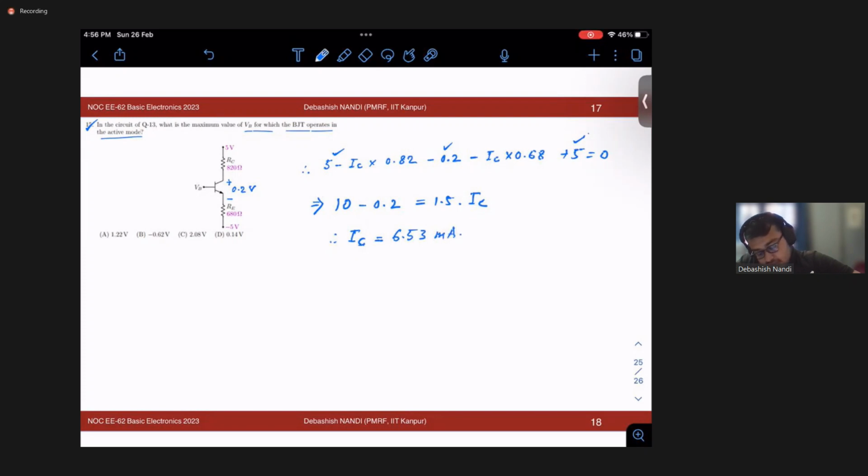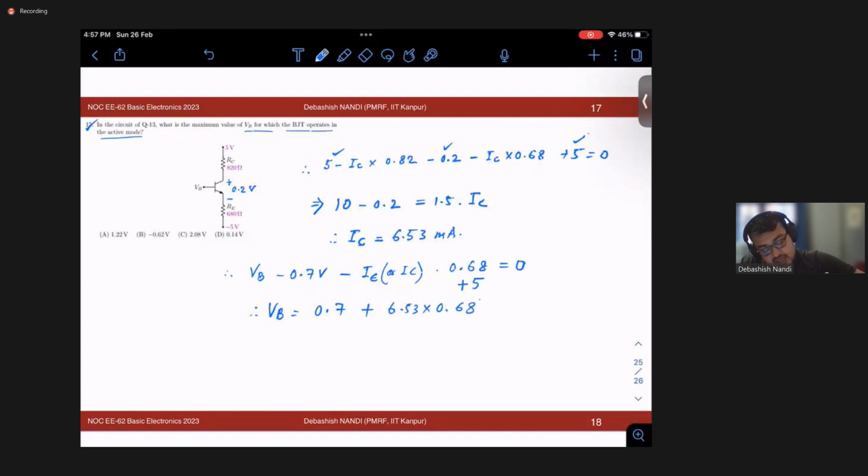Then what is the value of VB required? VB minus 0.7 volt minus IE, which is equal to IC here, so IC into 0.68 equal to 0. So your VB is nothing but 0.7 plus my 1 plus 5 volt is there, plus your 6.53 into 0.68 minus 5.